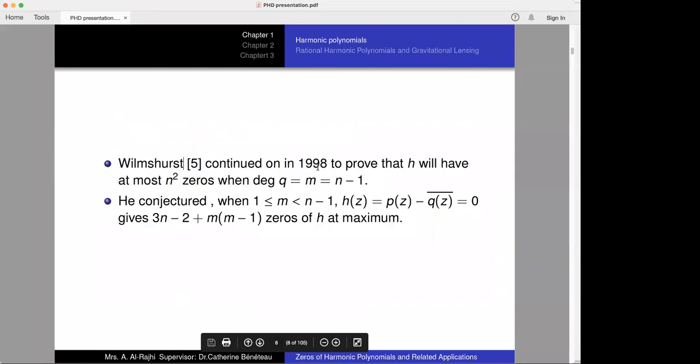Later on, in 1998, he proved that when the harmonic polynomial has degree n for b and n minus 1 for q, it will have at most n squared as a sharp bound on zeros. And he conjectured that if m is between 1 and n minus 1, our harmonic polynomial will give us at most 3n minus n plus m times m minus 1 zeros.